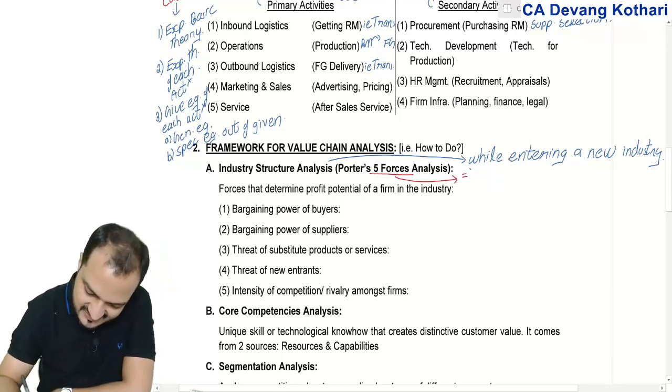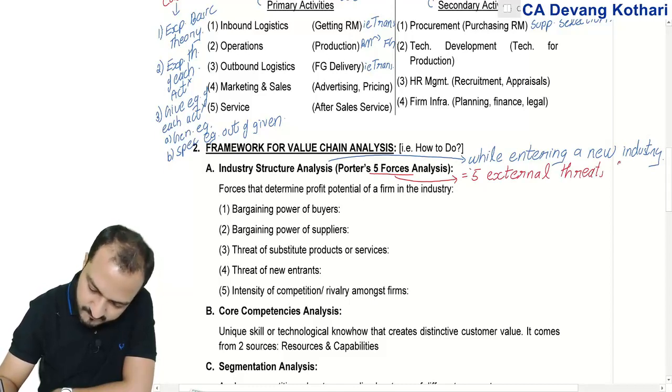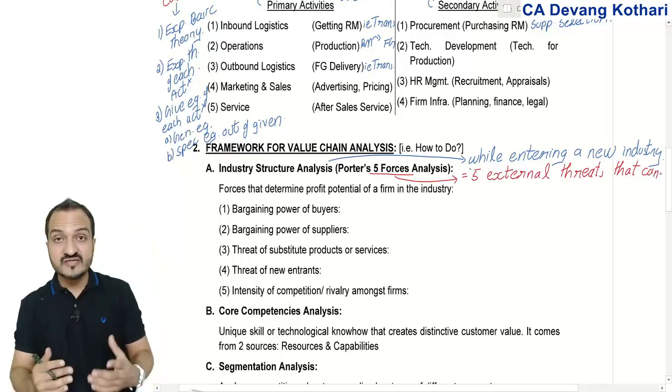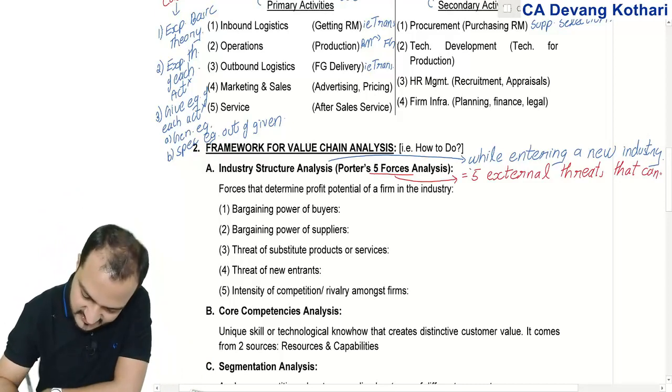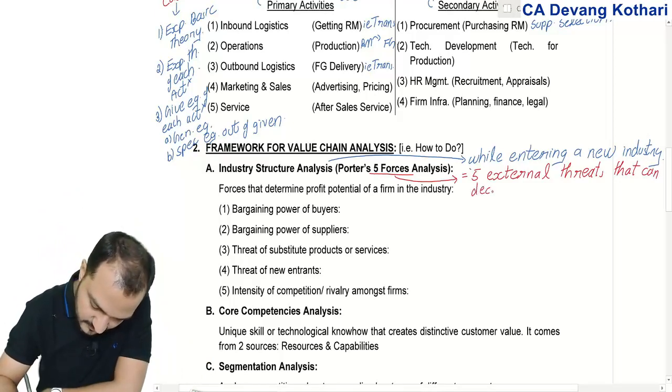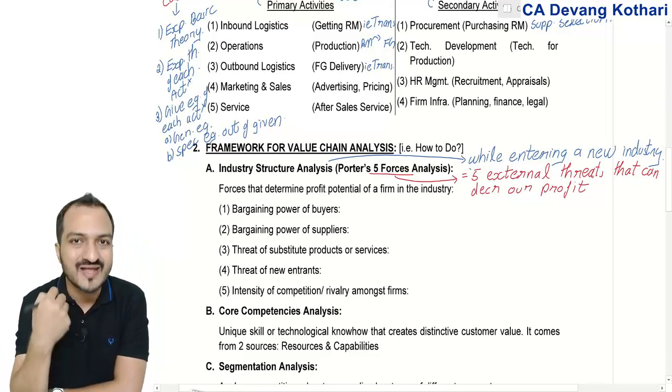In simple words, I can say these are five external threats that can decrease my profitability, or that can decrease my profit potential.